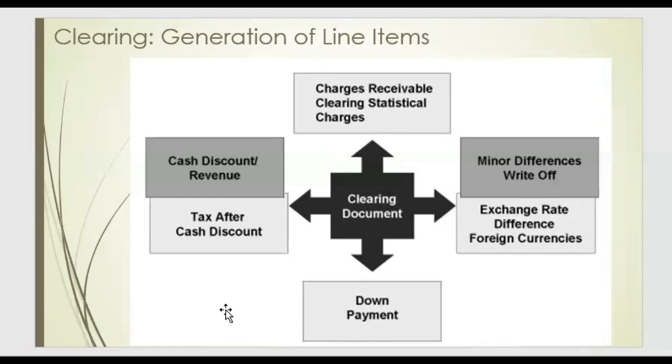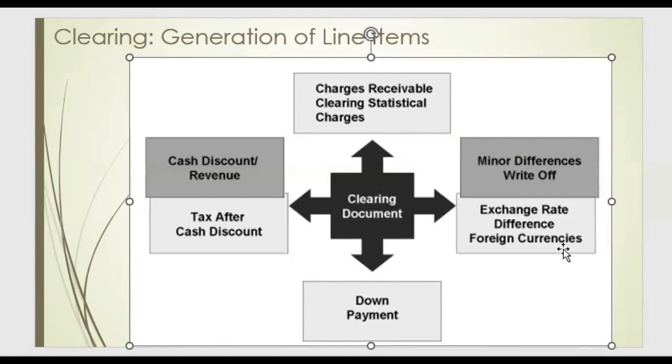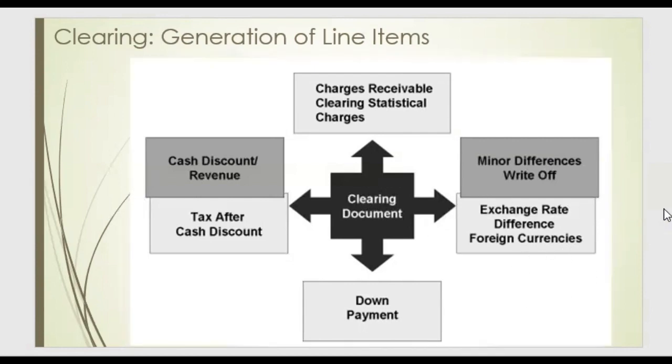It may happen that there will be some discount, cash discount or some revenue discount on top of that open item, or some tax after the cash discounts. Or it may happen that some of the line items may be written off, because of some policy or something, it needs to be reimbursed.